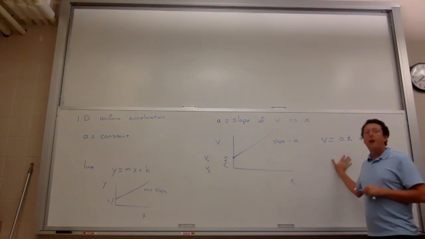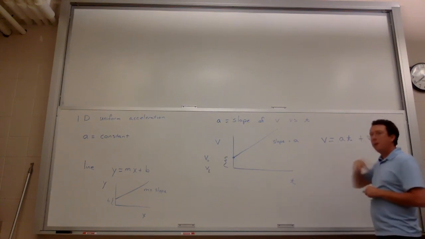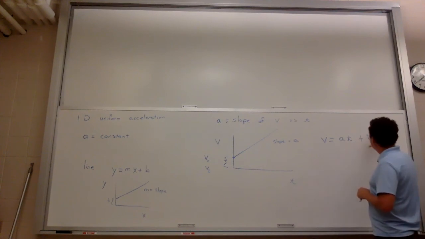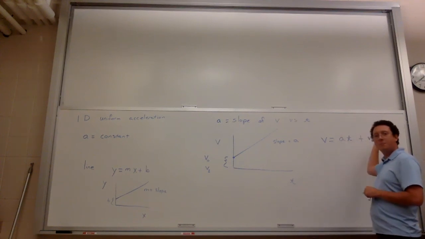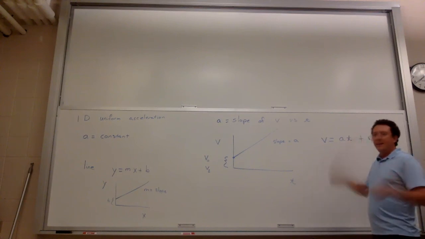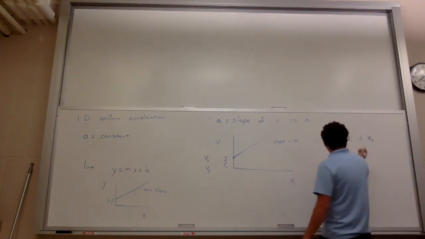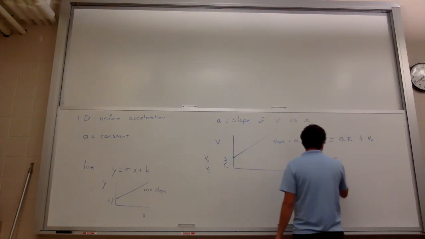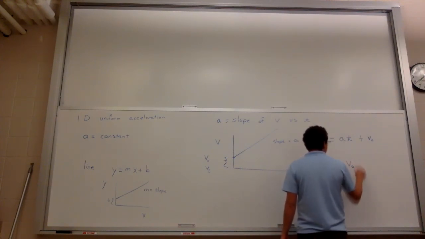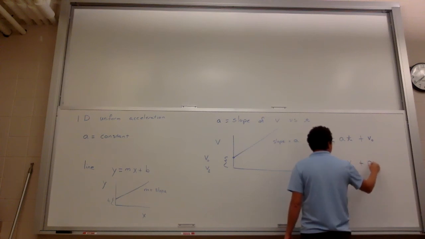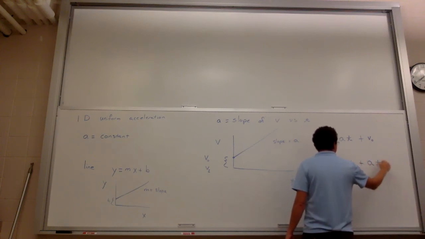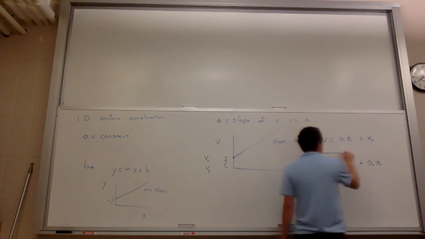That's a good equation. We will use that a lot. I will just tell you, I prefer to write it with the constant term first and the linear term, the time term, second. I don't know why. So I will just swap this around. It's a cosmetic change. And write this as V initial plus the acceleration times the time. I'm going to box that in.